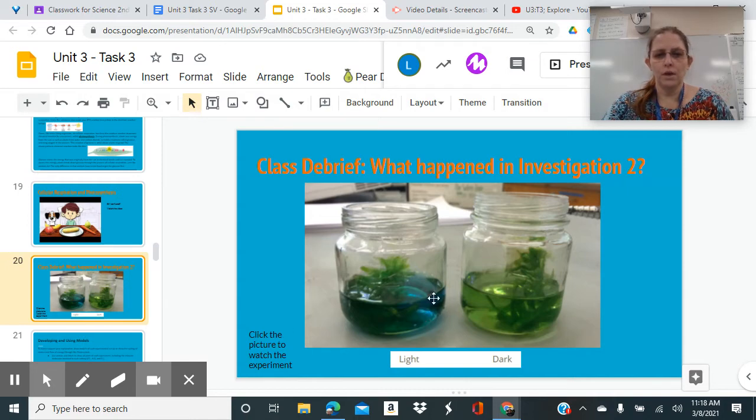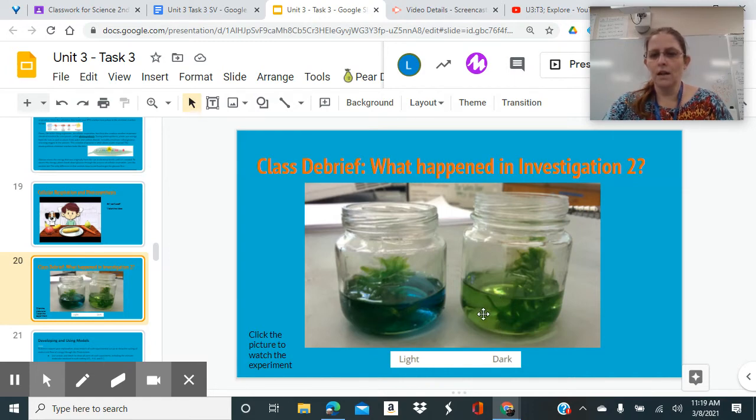When you look in the glass jar, this is what happened in light. So in the light, it went back to blue because the cellular respiration happened, photosynthesis happened, gave off carbon dioxide, and then it went back to blue, used its light energy.